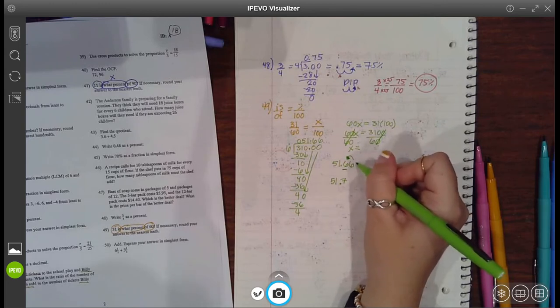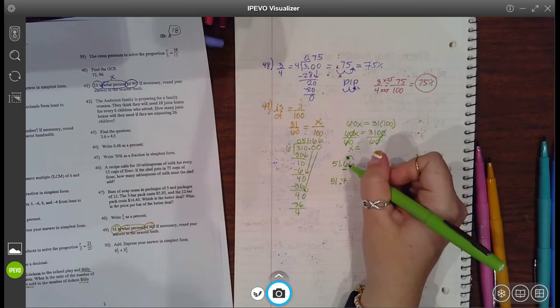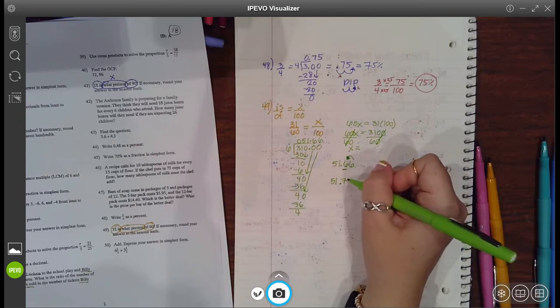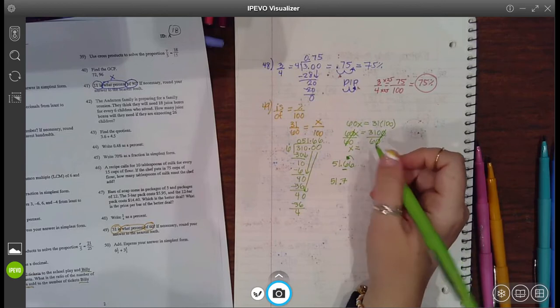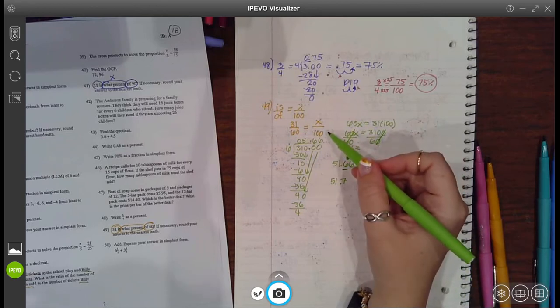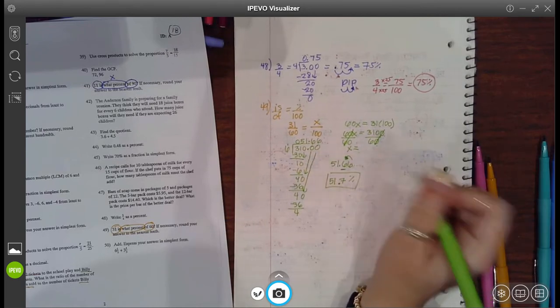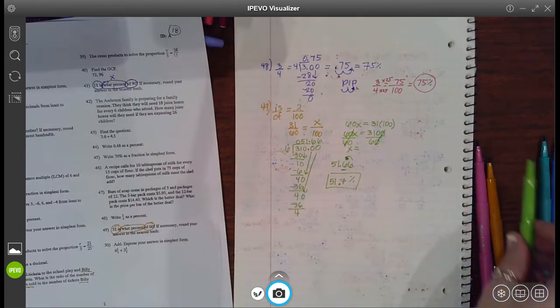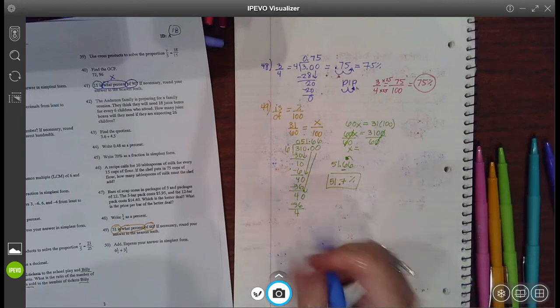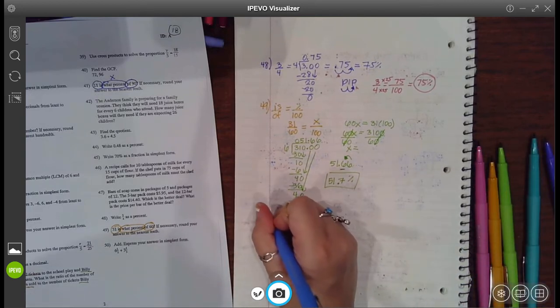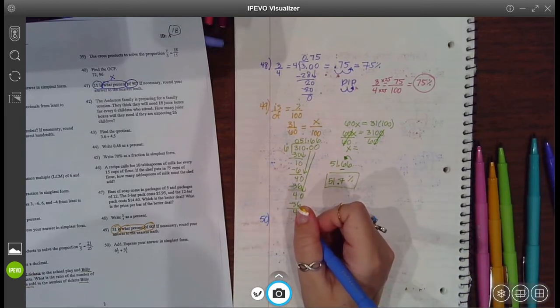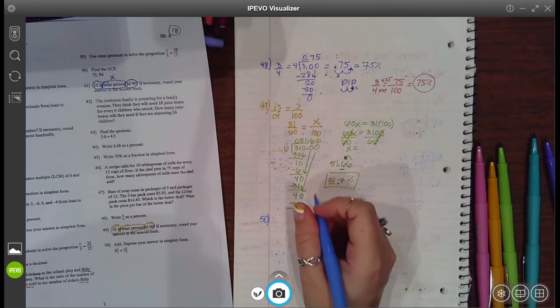If the number behind it was 5 or above, that number goes up by 1. And that's why that 6 went up to a 7. We were solving for a percent as my unknown, so don't forget your percent sign. 51.7%.